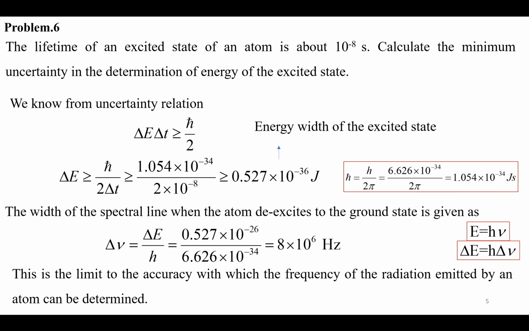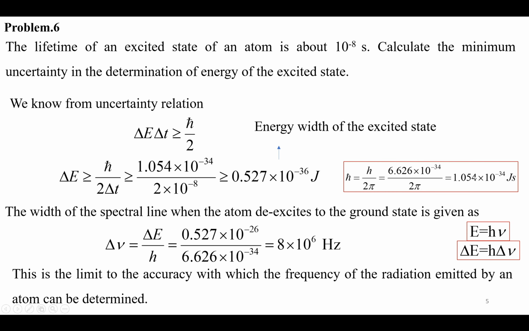We know the uncertainty relation is given as del E del T greater than or equal to h bar by 2. Using this relation, we get del E greater than or equal to h bar divided by 2 del T. We can calculate h bar equal to h divided by 2 pi, the reduced Planck constant, which is 6.626 × 10^-34 divided by 2 pi.